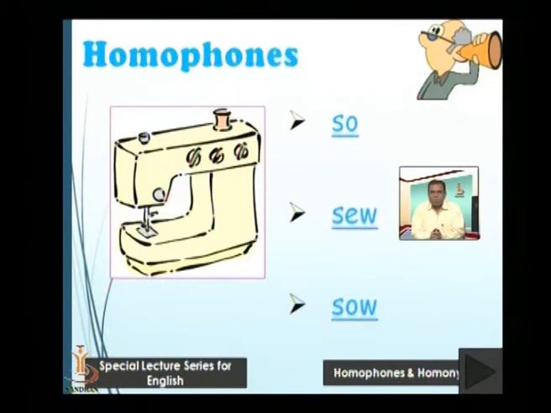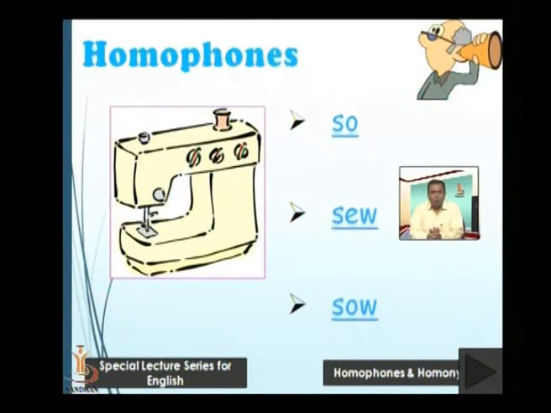Then saw, S-O, sew, S-E-W, and sow, S-O-W. So means therefore. In the context of therefore, I was ill, so I could not attend the college yesterday. You are using the word so here, giving a reason. Then sew, S-E-W, means sewing, stitching something.